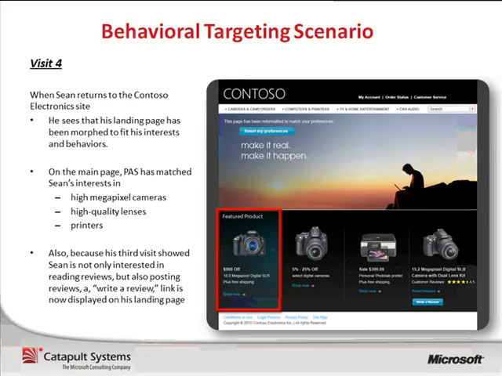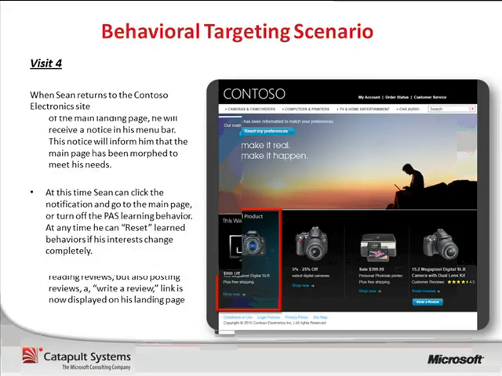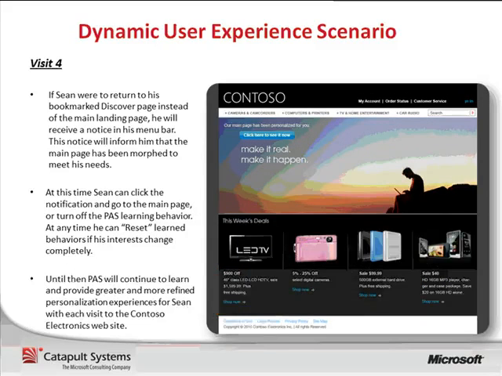So what happens if Shane comes back through a bookmark that he has saved before and sees an older version of the page? Well, in that case, what PS will do is give him a notification that there's a home page that was rebuilt to match his interest. At this point, Shane can actually click on it to view it, or he can tell PS to ignore or reset whatever learned behavior has been gathered so far.